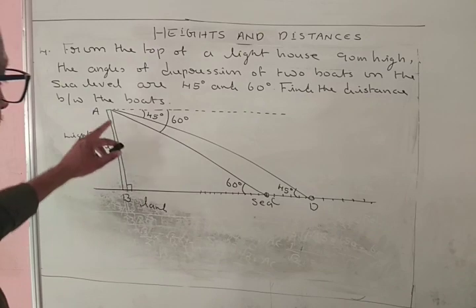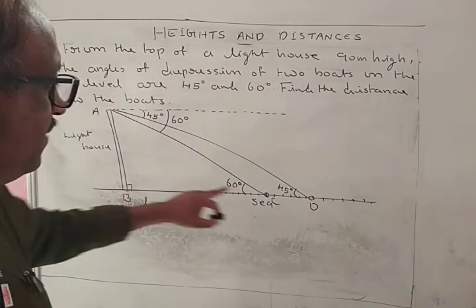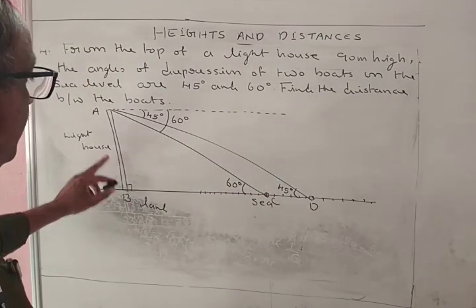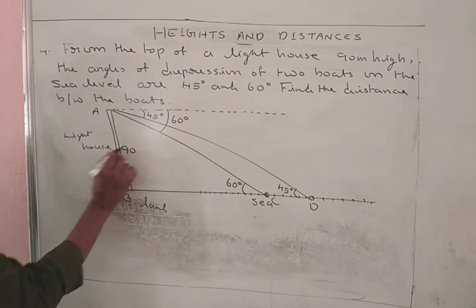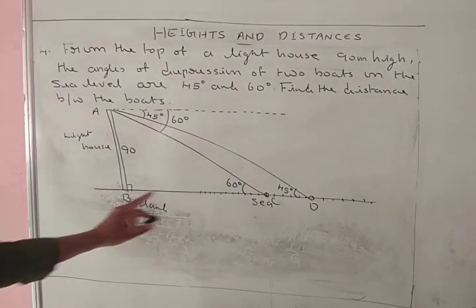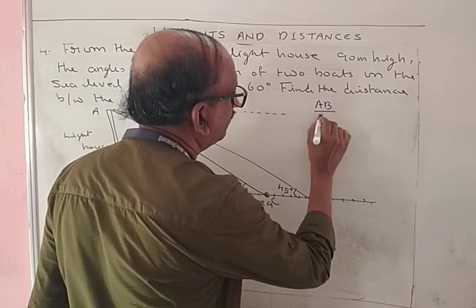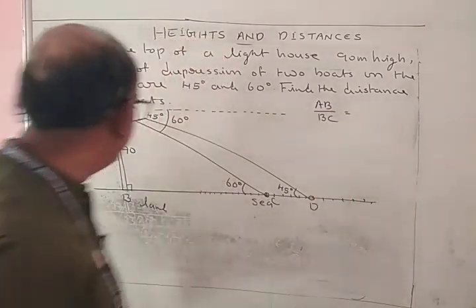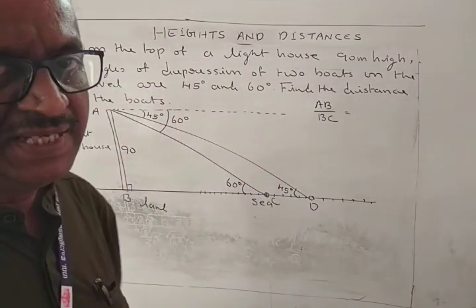Consider the right triangle ABC. Height of the lighthouse is 90. This is 90. Therefore, AB by BC. AB is the opposite side and BC is the adjacent side. AB by BC is tan theta.